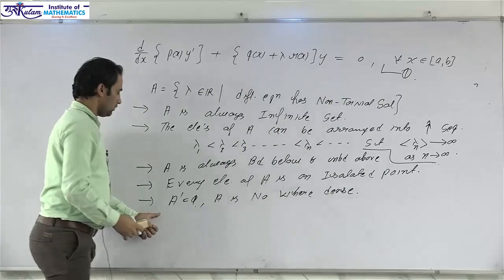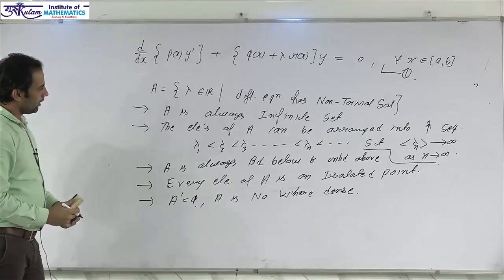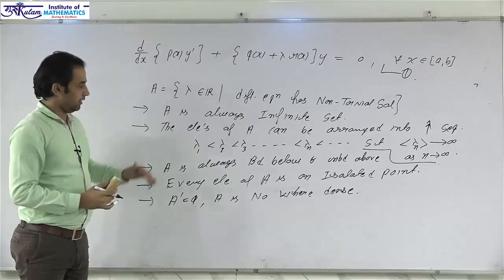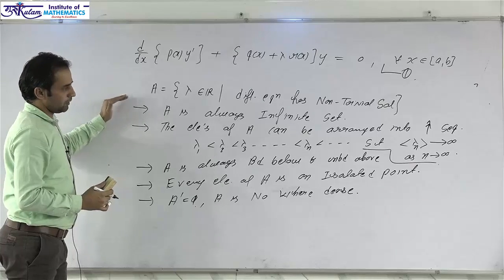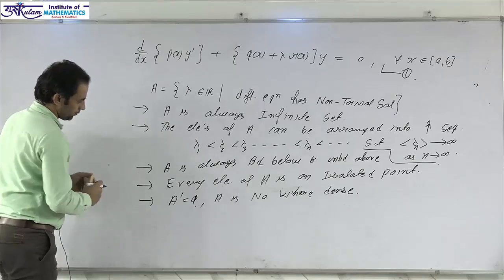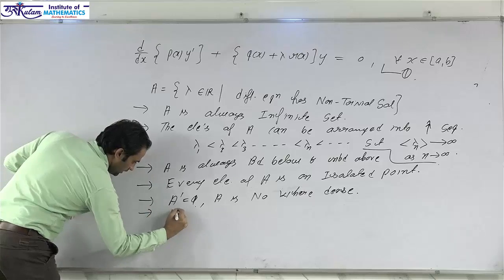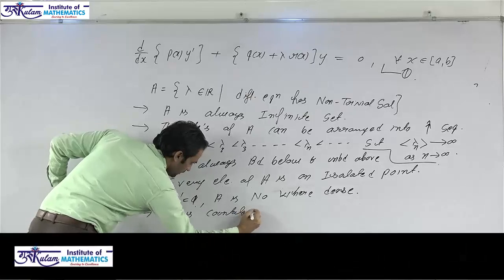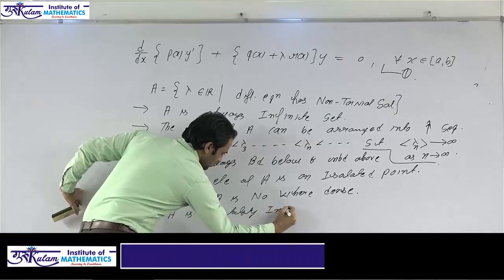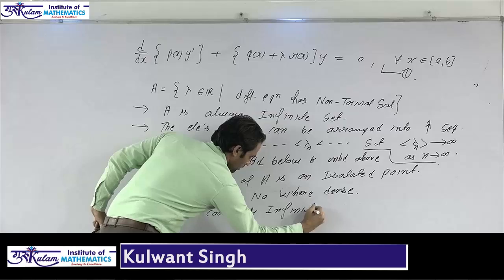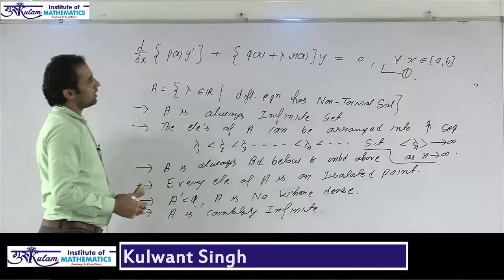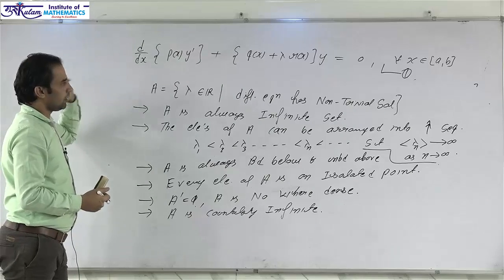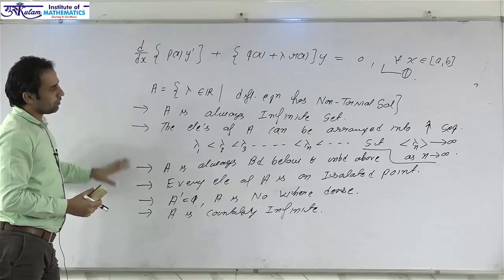So this is the next property, and since a set of isolated points is countable and A is infinite, A must be a countably infinite set. So the next property is A is a countably infinite set. So these are the main properties for this regular or periodic boundary value problem.